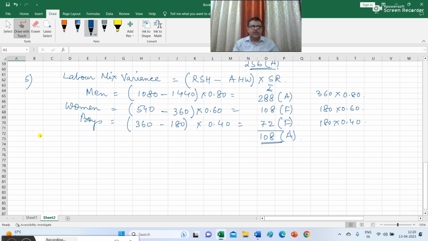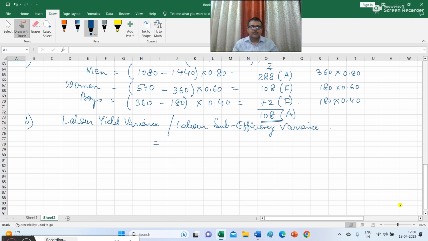And the last one is labor yield variance or labor sub-efficiency variance, and it is calculated as the difference of standard hour and revised standard hour, and multiply this factor with standard rate.